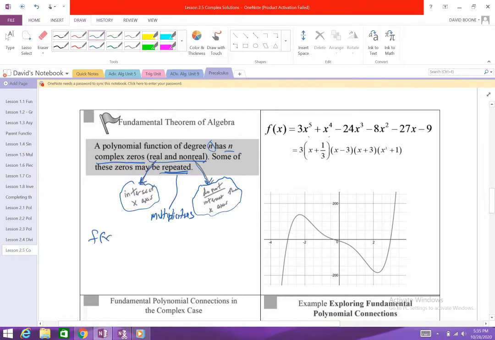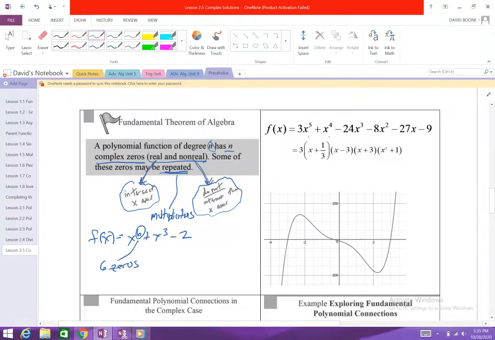Just as a quick example, if I had something like f of x equals x squared plus x to the third minus 2, it should have a total of 6 zeros, if you include the multiplicities and all the imaginary solutions.